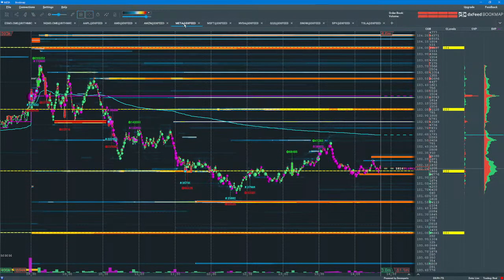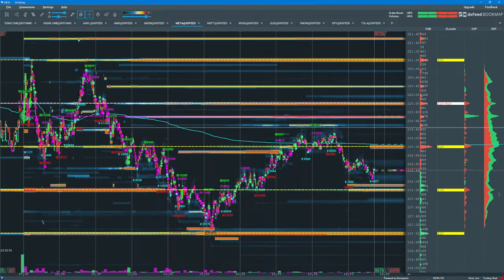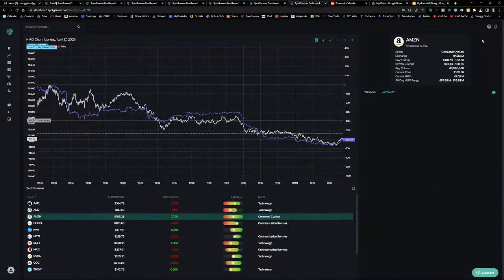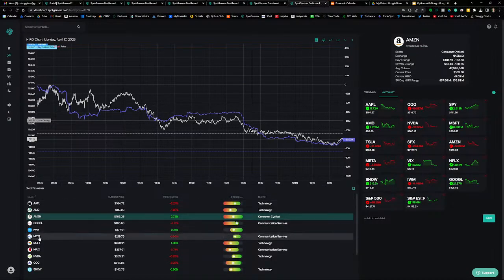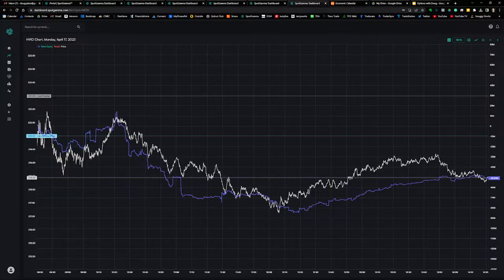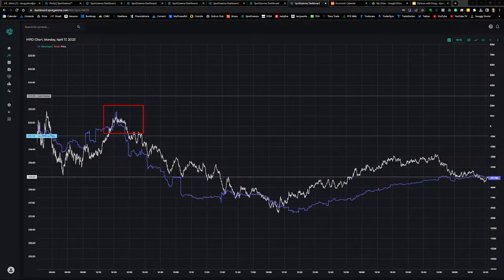Let's take a look at Meta. Go back and take a look at Hero. And Meta was more of a confirmation short. Right here about 1020. Let's go back and take a look at Bookmap.